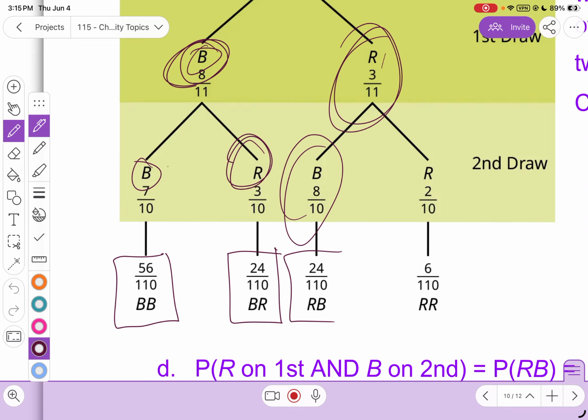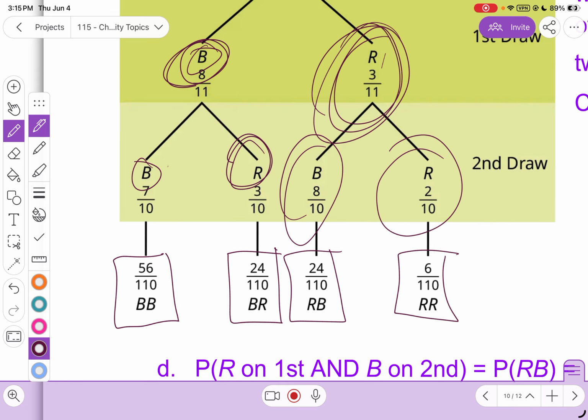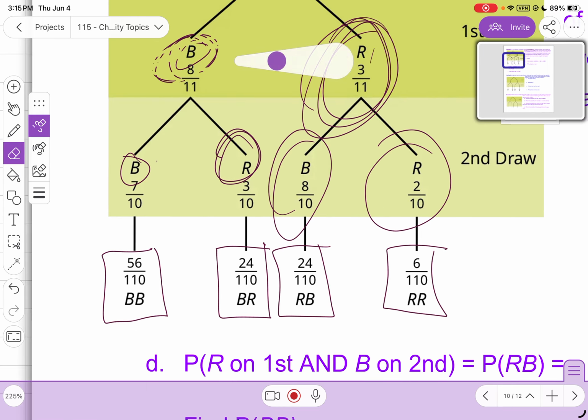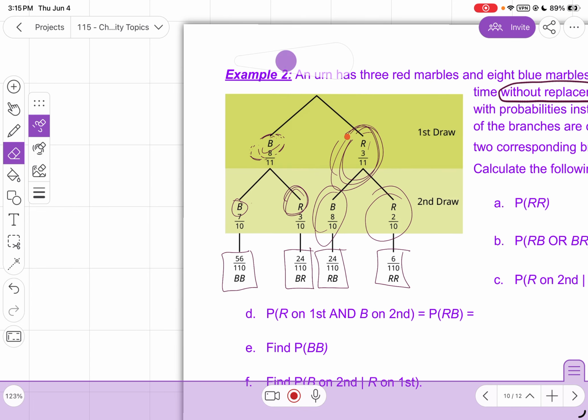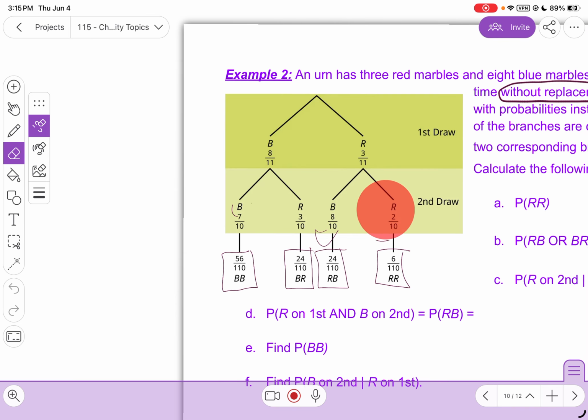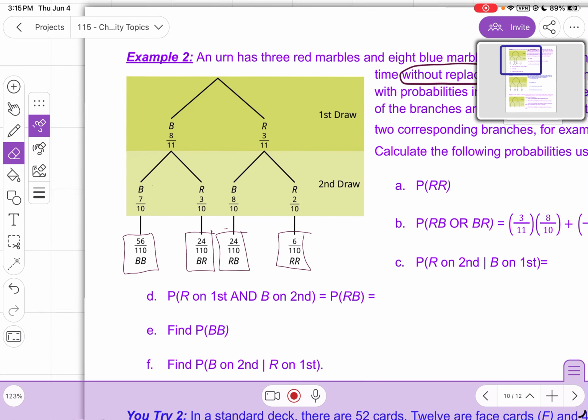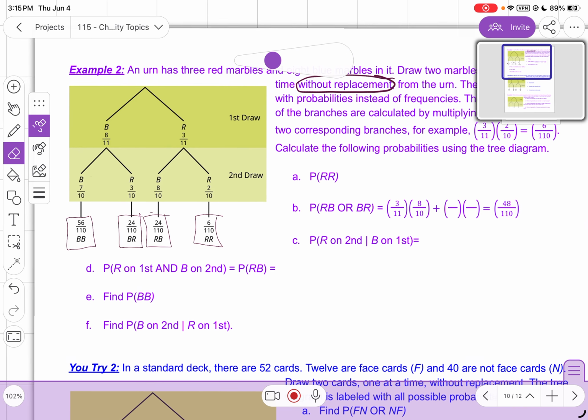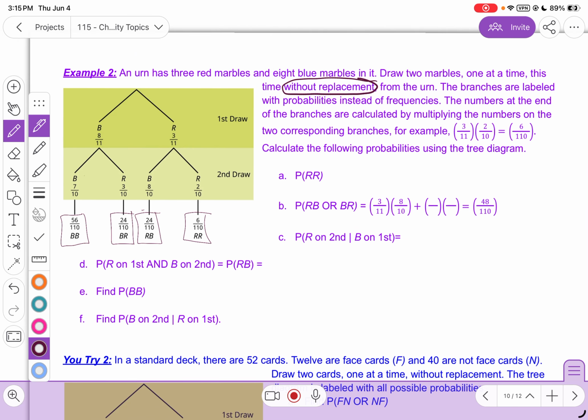Red, blue, 24 over 110. Red, red, 6 over 110. So going down the branches, the probabilities are already calculated on this one. If they're not already calculated for you, you can just multiply. So using that, let's see what questions are asked. Probability of red, red. Oops, that's right here, 6 over 110.